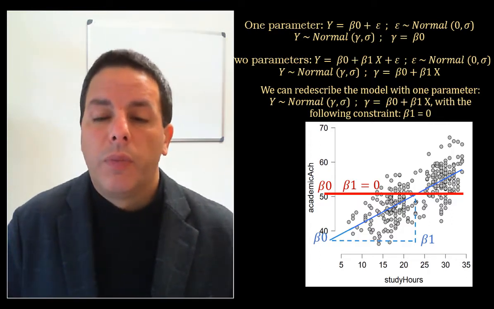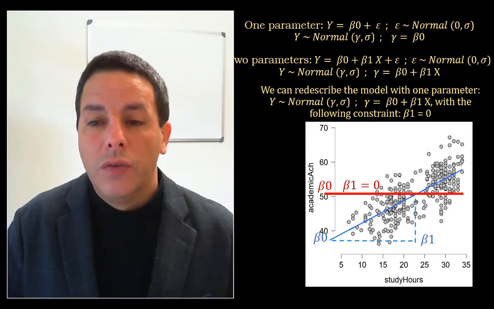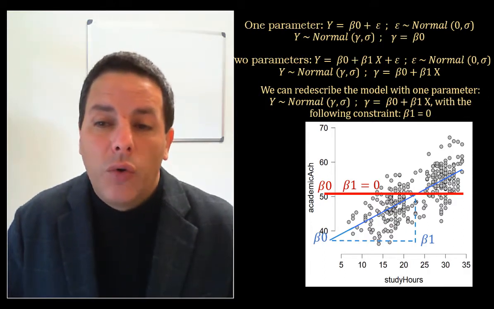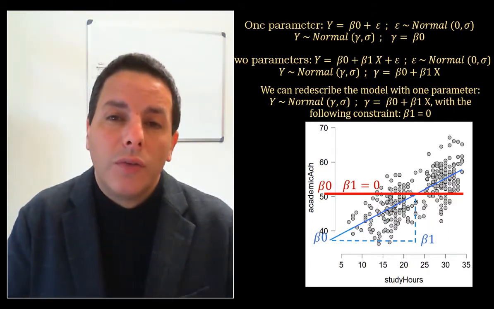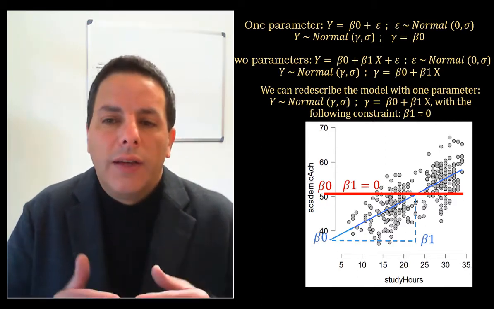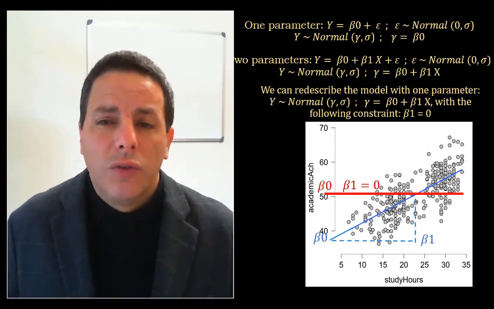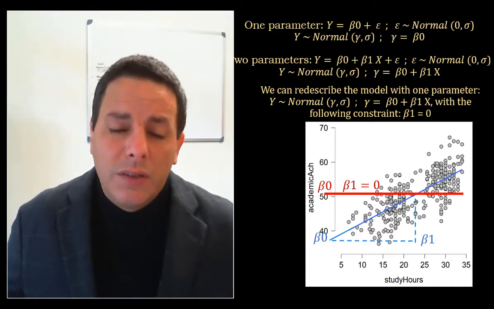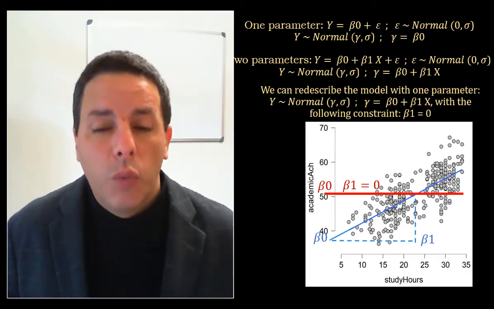So if you fix the parameter beta 1 to 0 using the same structure as the model with two parameters, it's equivalent to having just beta 0, because beta 1, remember, multiplies x, so any value of x. And that's what makes it different from the other model. But if you multiply 0 by the values of x, you will get 0. So beta 0 plus 0 is beta 0, which is the same thing as the model with only one parameter.